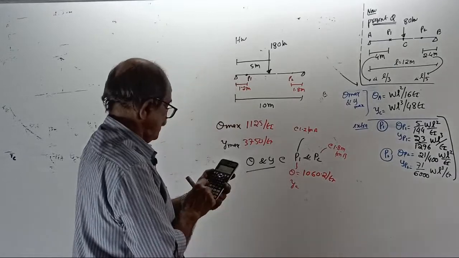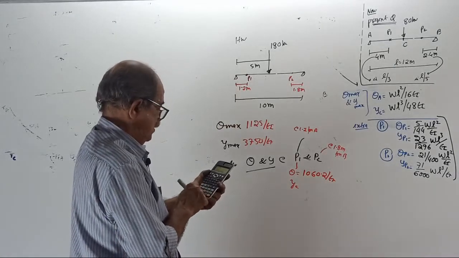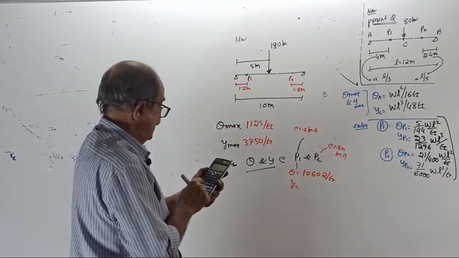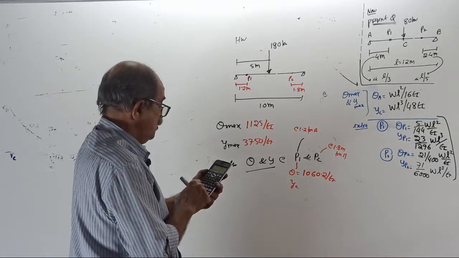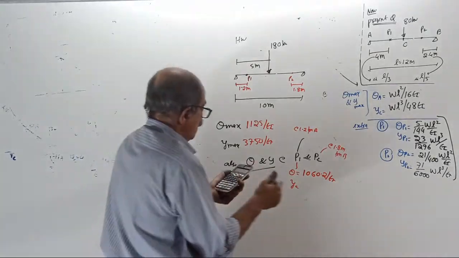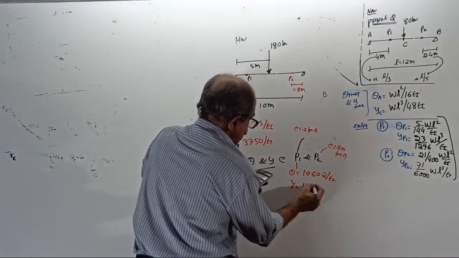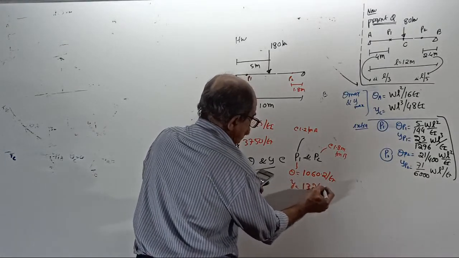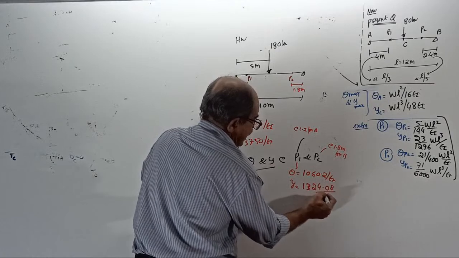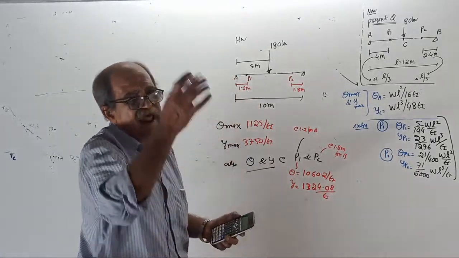Deflection is 1324.08 by EI meter. If not correct tallying, tell me next time.